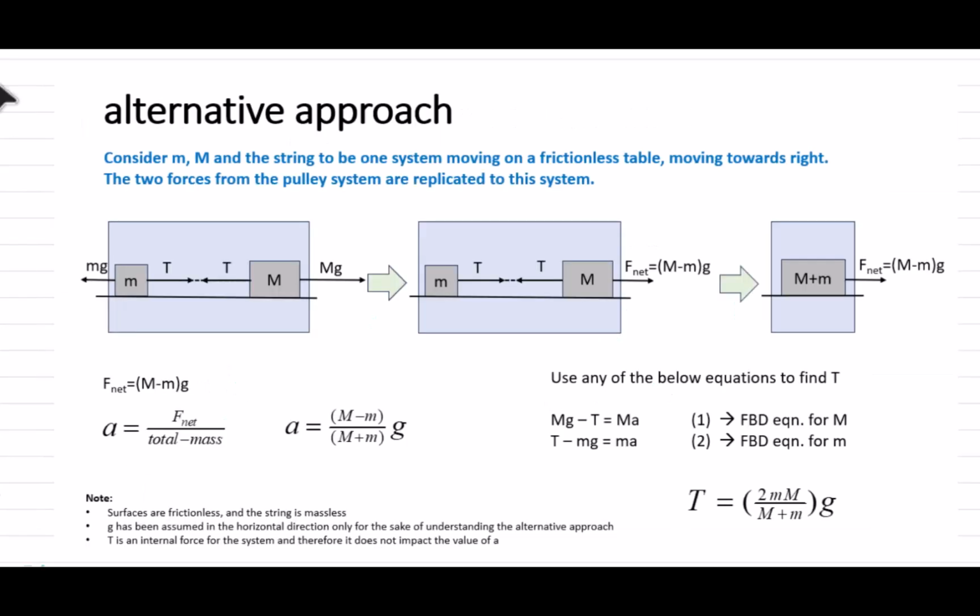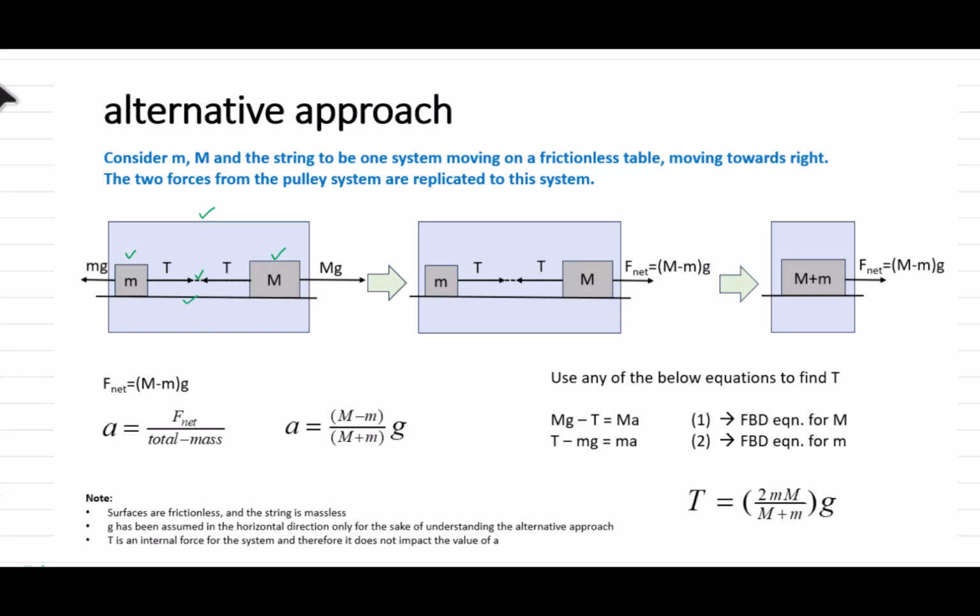Let's try to understand a very interesting alternative approach to understand the scenario and come to the expression for a. So let's say we have a system indicated by the boundaries of this box. And when I say the system, it has the components: the smaller mass, the bigger mass, and also, of course, there is a rope. So we can assume that the objects are on a surface which is frictionless.